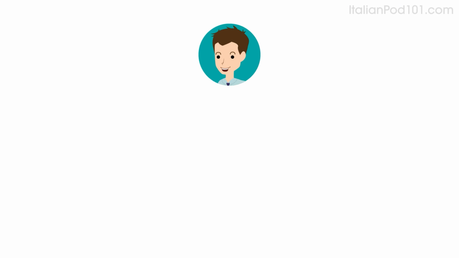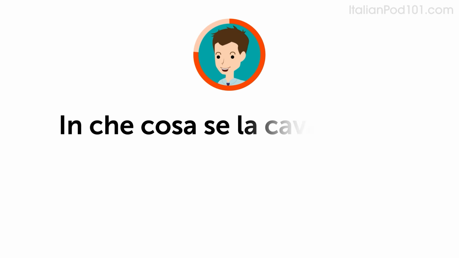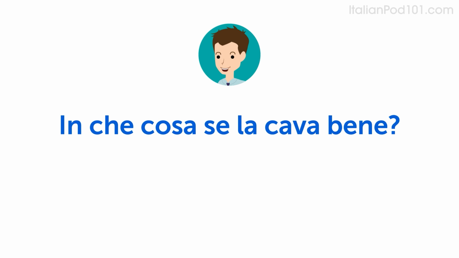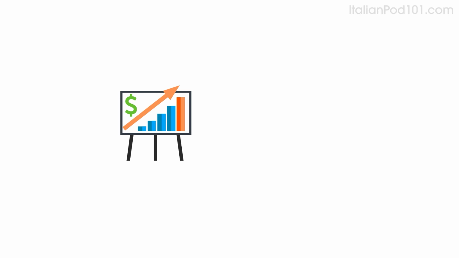Okay, now it's your turn. Do you remember how to say, what are you good at? In che cosa se la cava bene? Imagine you're good at sales. Do you remember how to say sales? Le vendite.